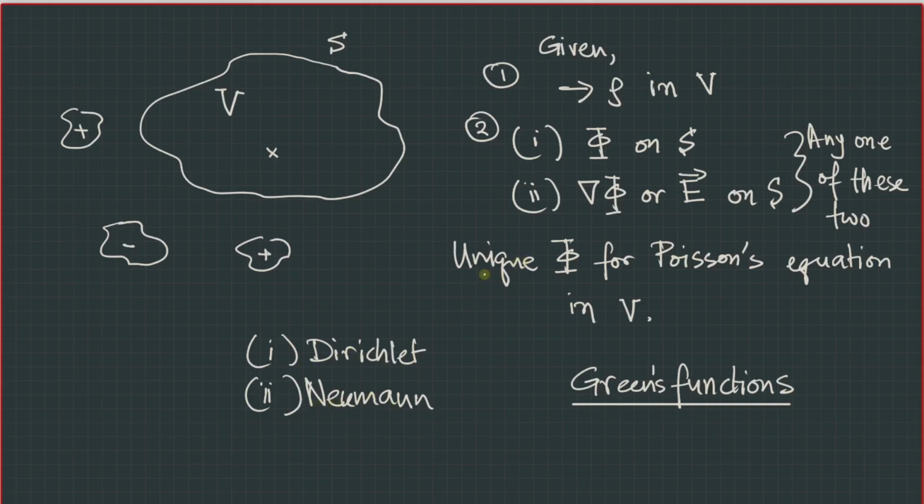And using this, we can uniquely determine the scalar potential in Poisson's equation for all points inside V. And we will learn one method of solving these problems called the Green's functions.